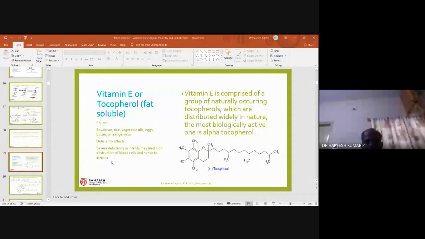So vitamin E is comprised of a group of naturally occurring tocopherols, more particularly alpha tocopherol, beta tocopherol, and gamma tocopherol.